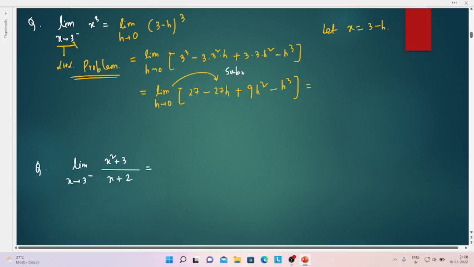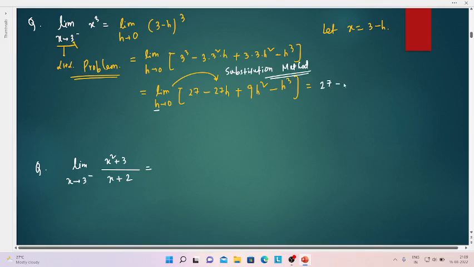We have to apply the substitution method, because when you substitute h as 0, it will not give you the form 0 by 0 or infinity by infinity or 0 to the power infinity. I mean, the indeterminate form you will not get. So we can do the substitution method.